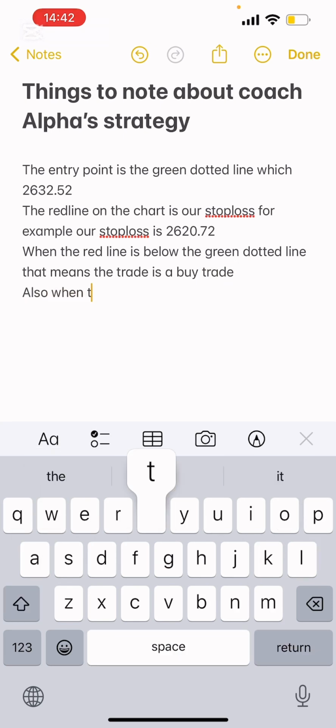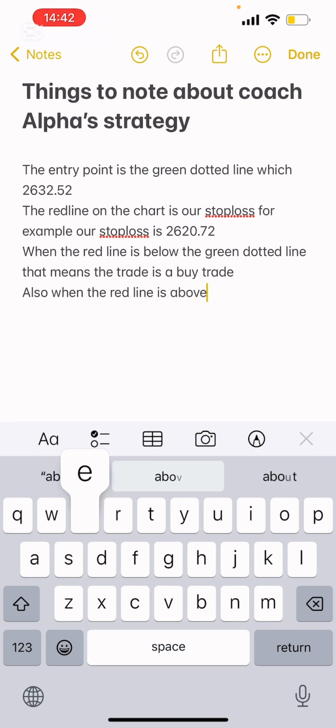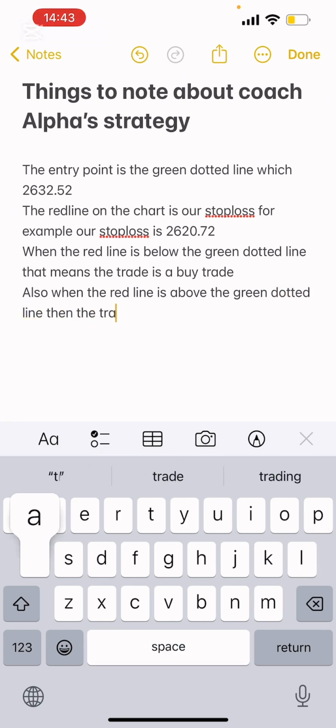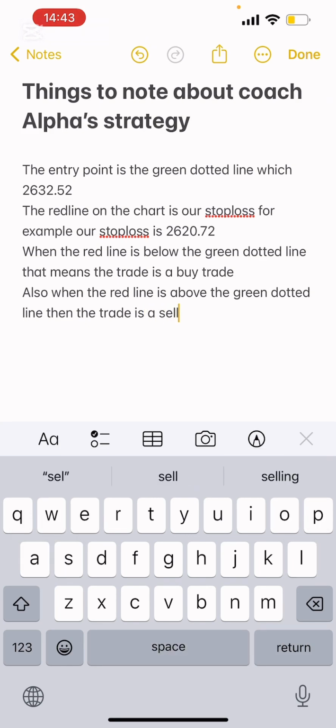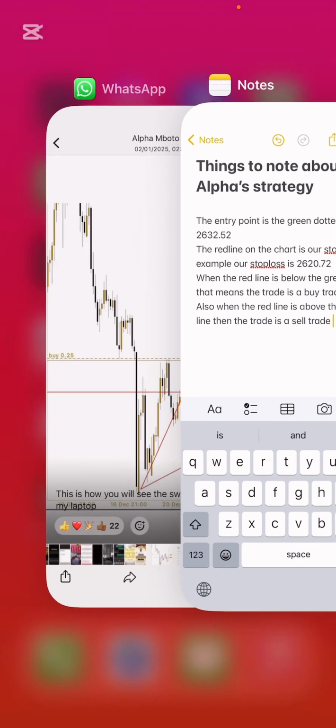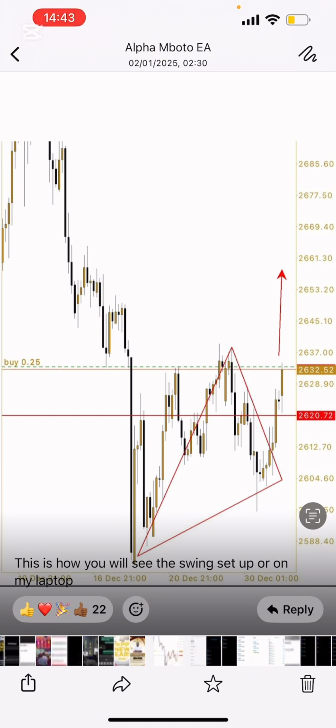Also, when the red line is above the green dotted line, then the trade is a sell trade, right? So if this line was perhaps at 2653, then it's a sell trade. Once you see those things, just know that you have your entry and your stop loss.